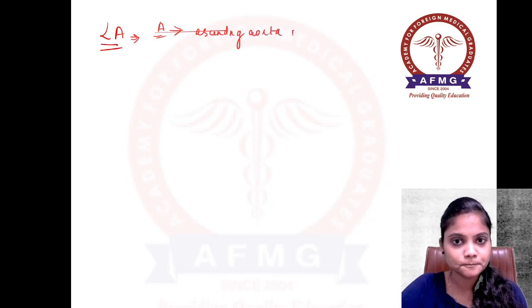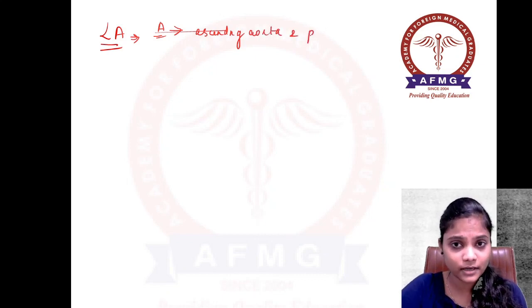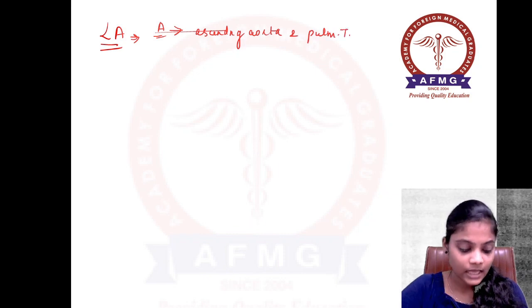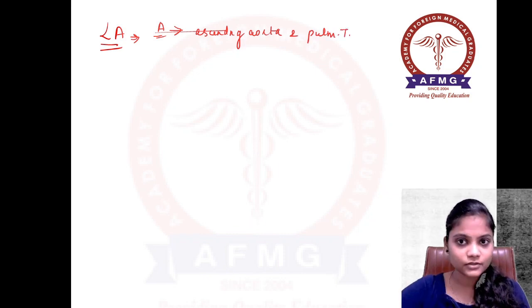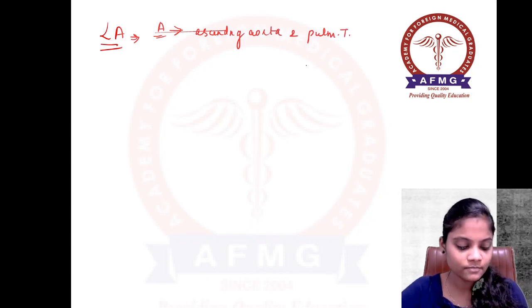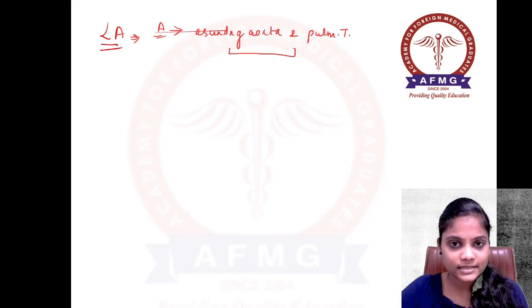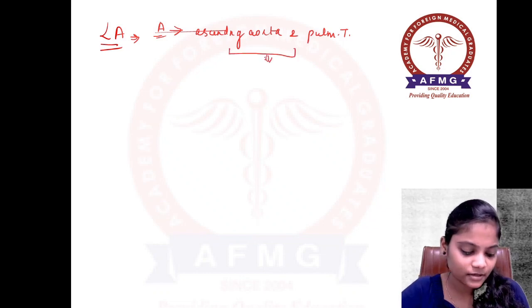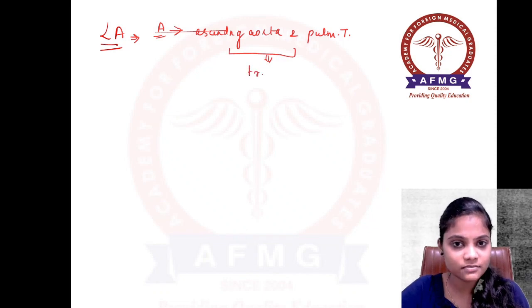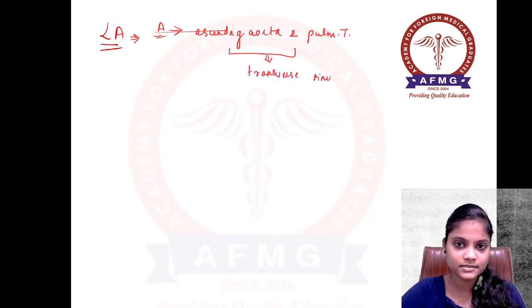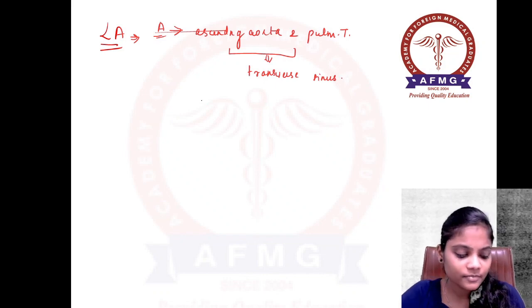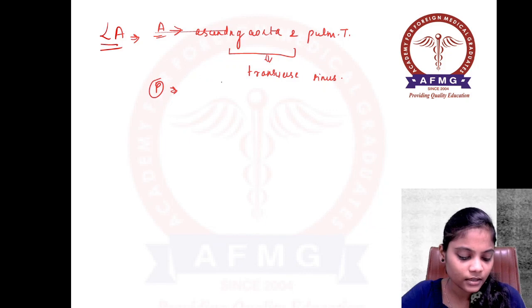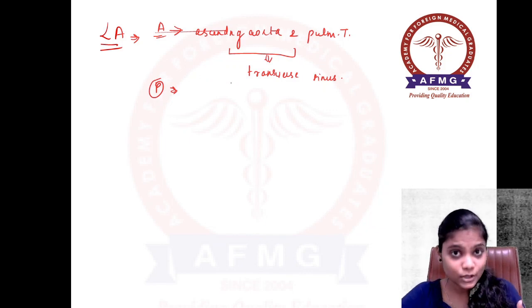Ascending aorta and your pulmonary trunk, we are speaking about the anterior part, so the pulmonary trunk and the aorta as well, and they both are separated by a sinus, that is the transverse sinus. Now apart from this, posteriorly, in the backside, you have to think about it.